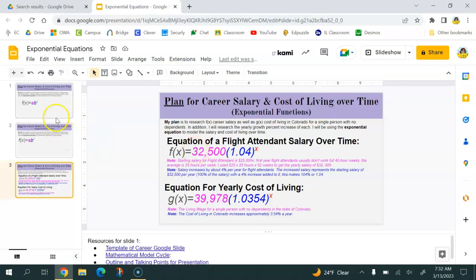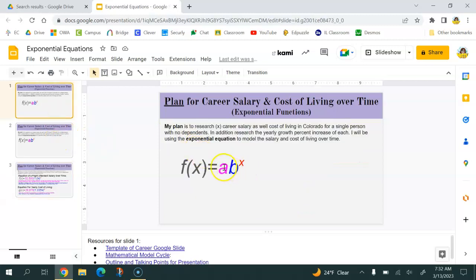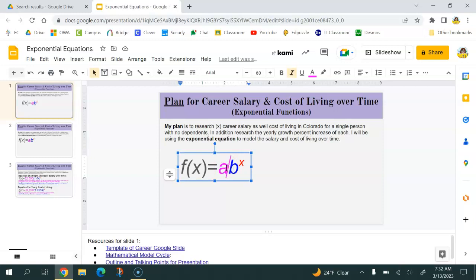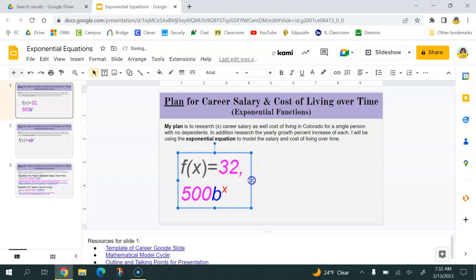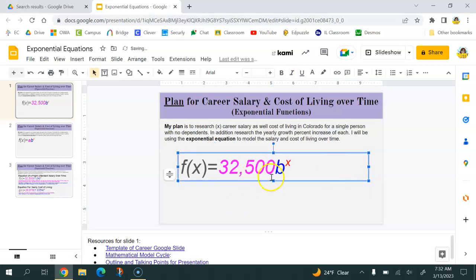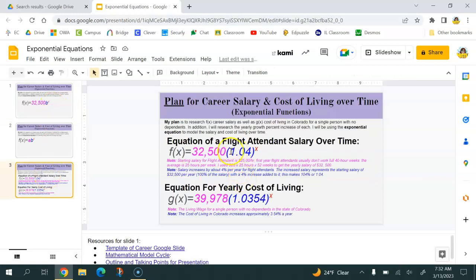In place of the purple fuchsia A right there, you're going to type in your starting salary. Let's extend the text box. There we go. And down here is your wage increase. Hopefully every year you're going to get a raise, and that percentage is going to depend on your career choice and how things are going.